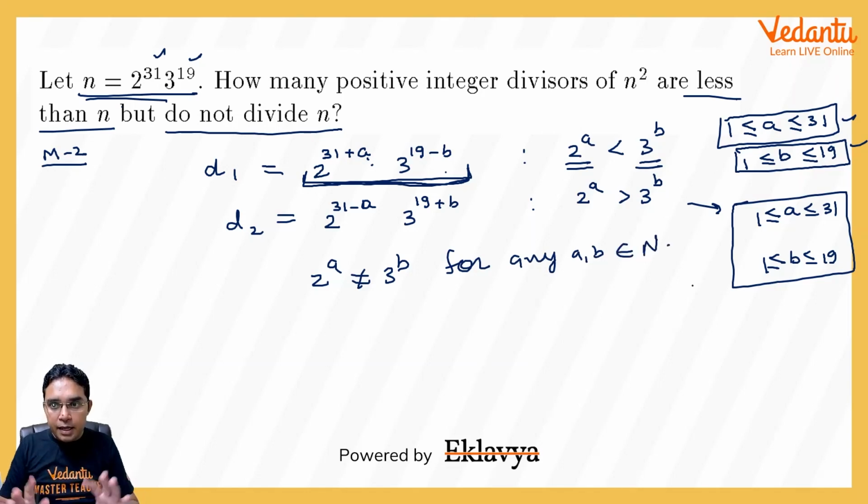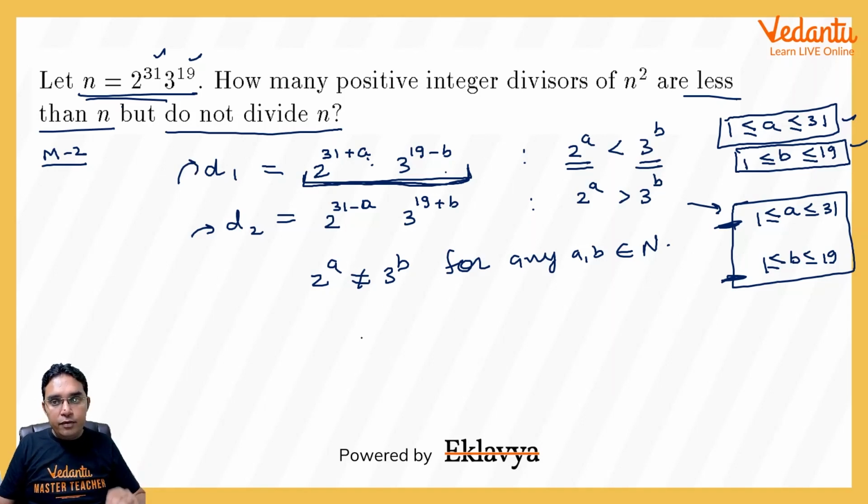So that is clear that whatever A you choose from this or whatever B you choose from this, 2 power A and 3 power B are going to be different. Now if 2 power A is bigger, make a divisor of this type. If 2 power A is lesser, then make a divisor of this type.